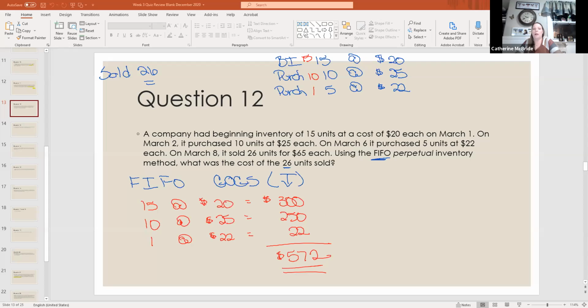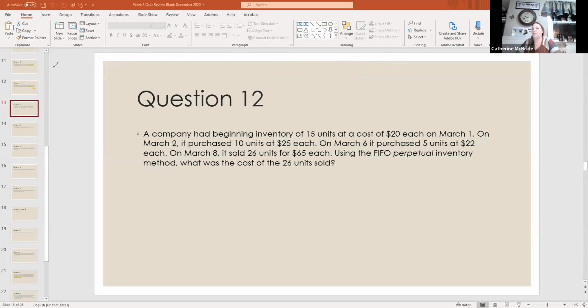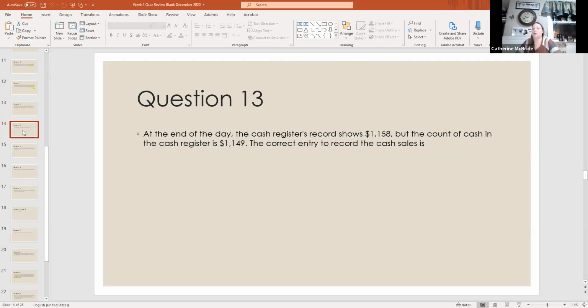Okay, this next one has to do with reconciling a cash register. And there's just something quick I need to teach you. So there's a new account, which is really weird, and it's called cash short or over. And the weird thing about this account is that it can be a debit or a credit because it's cash short or over.